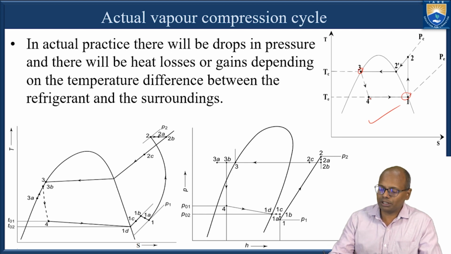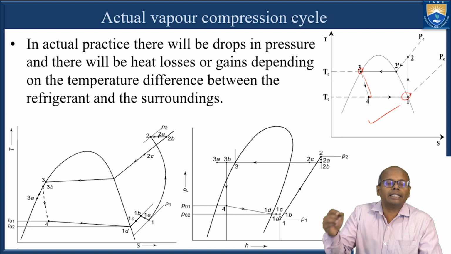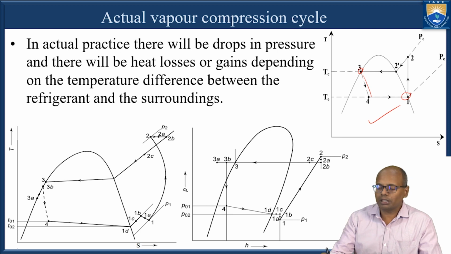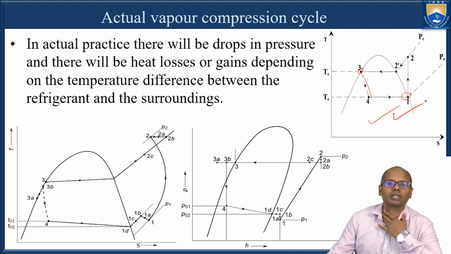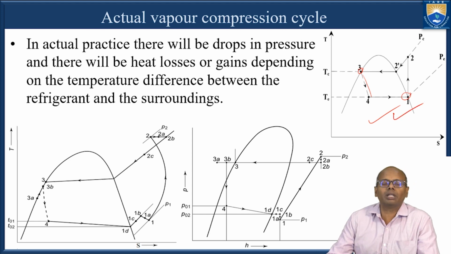This is the expansion process, and at the entrance of the expansion valve, the fluid is at saturated liquid condition. Okay, but this ideal case may not be possible in real time experience.